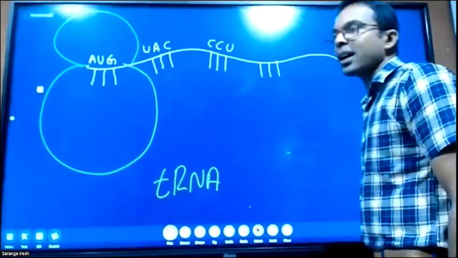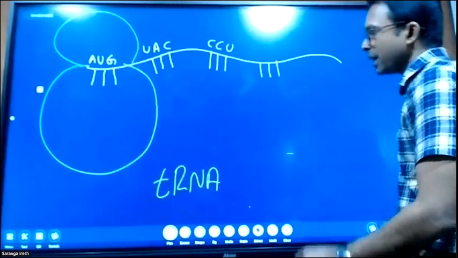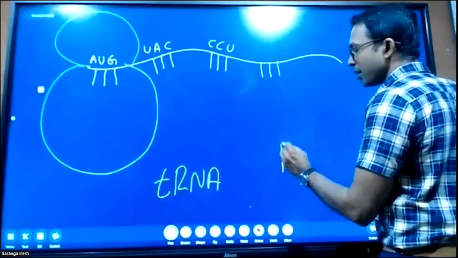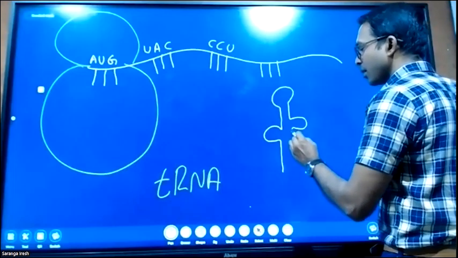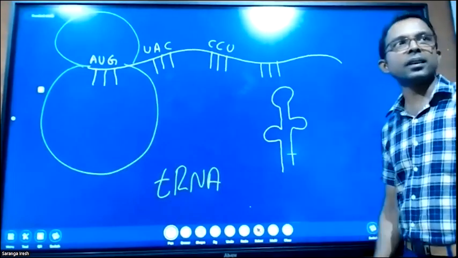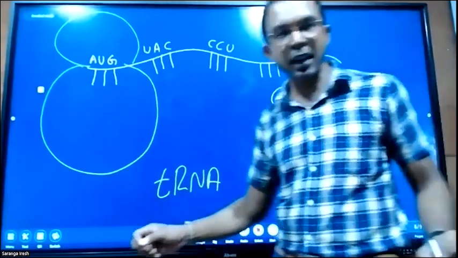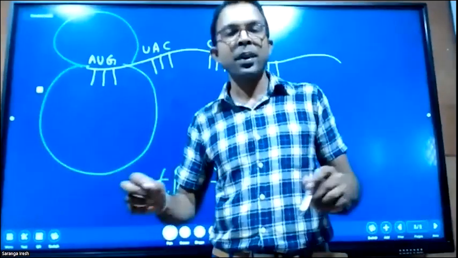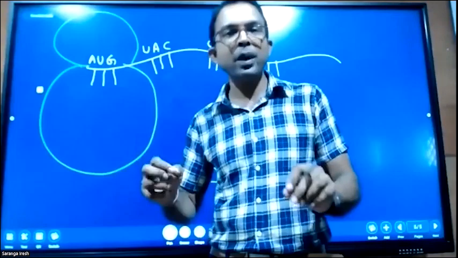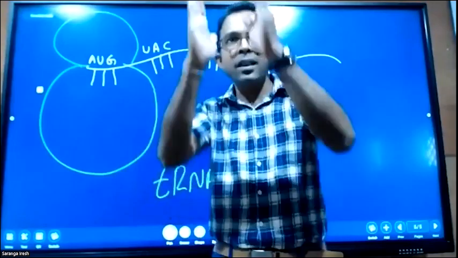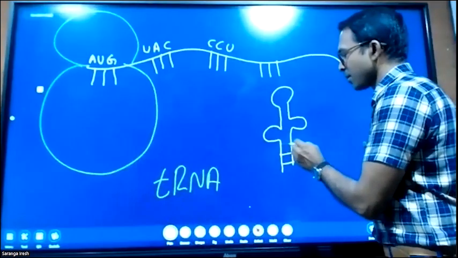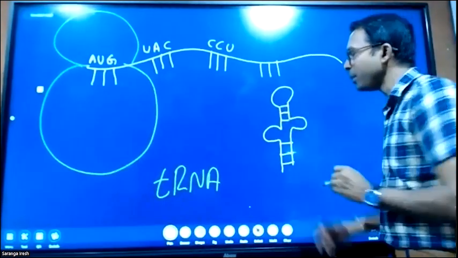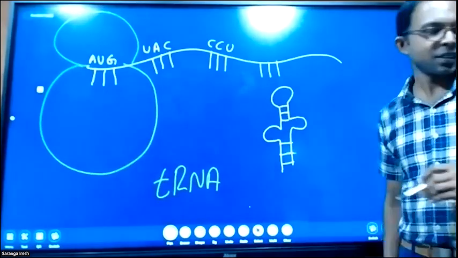So the shape of this transfer RNA molecule is like a hairpin. It's a single-stranded RNA, but because of the complementary base pairing, it is folded and creates this hairpin structure. Like this, the complementary bases are paired.